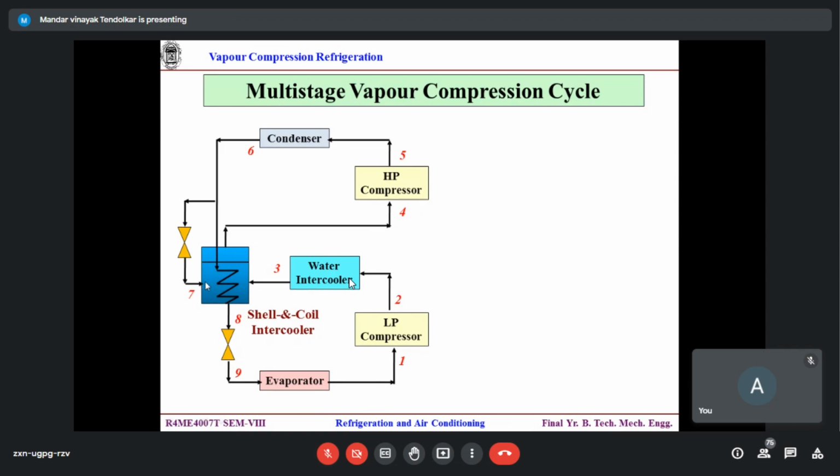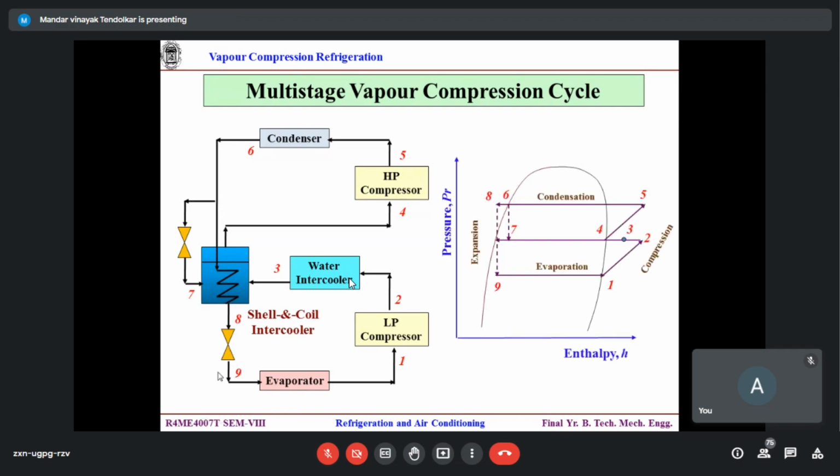So this is liquid plus vapor. So the vapor part from here will go directly here. And the liquid part over here will absorb the heat in this heat exchanger. Do you agree? And comes to the expansion valve. Let us discuss now over here.